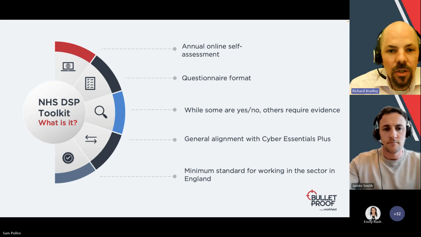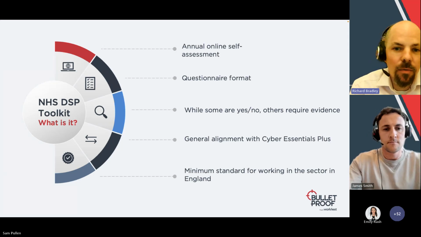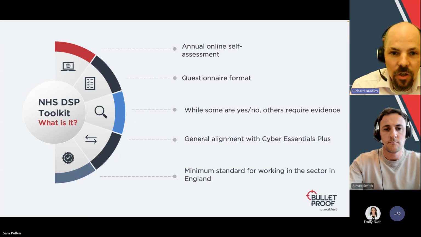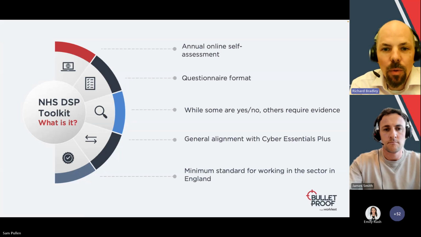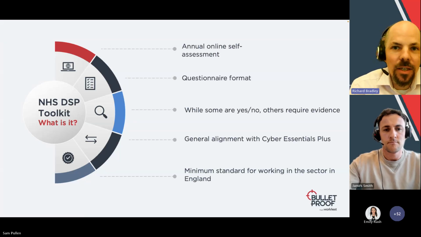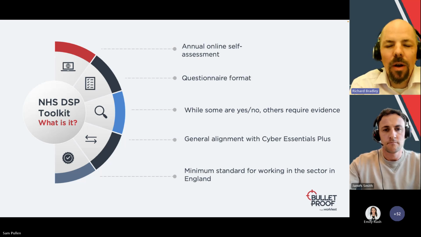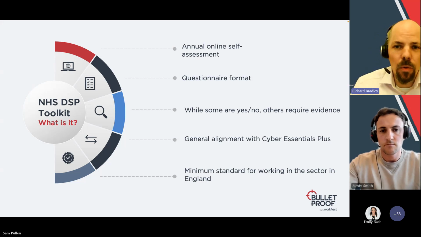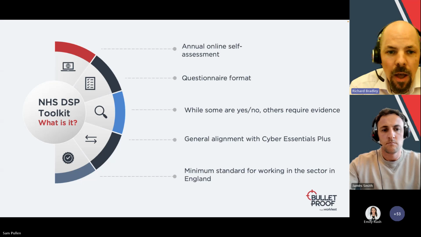The number of questions and evidence items varies from around 40 to 130 for those completing the standard toolkit, and that number rises to over 200 indicators of good practice for those who need to complete the new cyber assessment framework aligned toolkit. And that one's pretty much reserved for NHS trusts and the like.